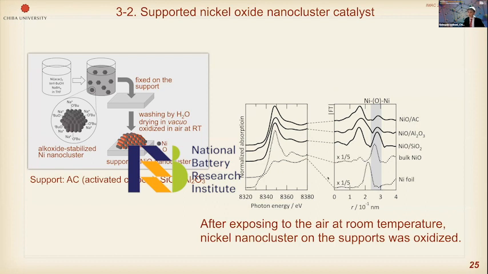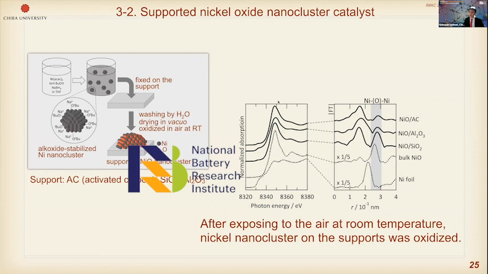In the lower part you can see standard materials for comparison. Here, at the bottom, is nickel metal, and second from the bottom is nickel oxide. The obtained catalysts, the activated carbon supported one, the aluminum supported one, and the silica supported one, are presented here. At first glance, they are very different in the XANES region.